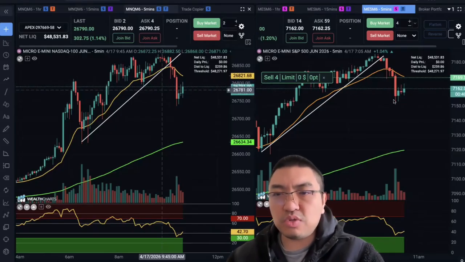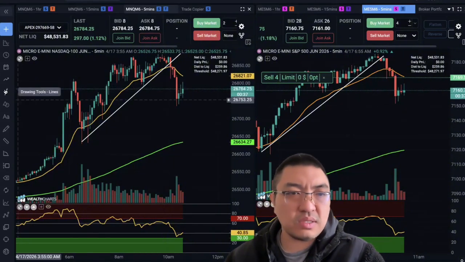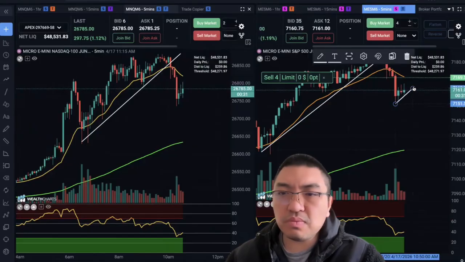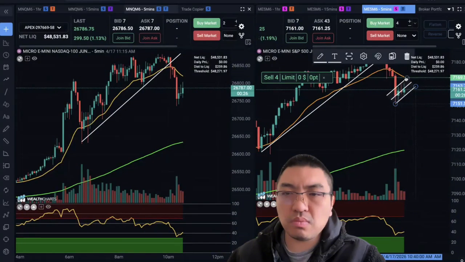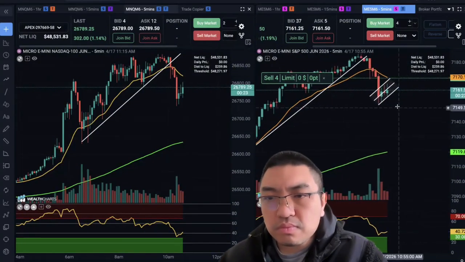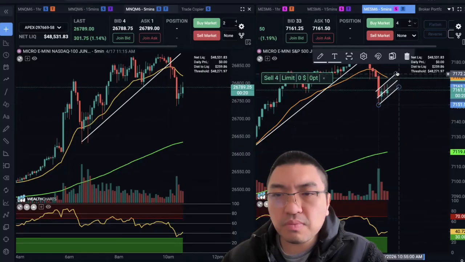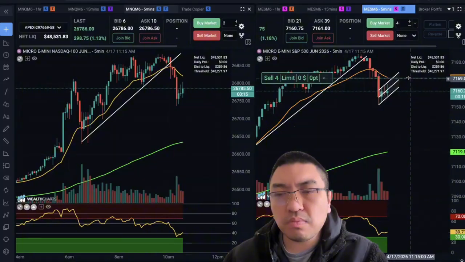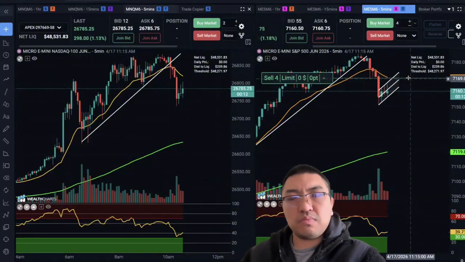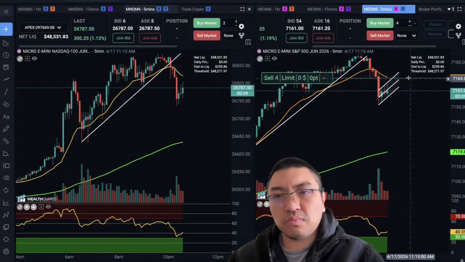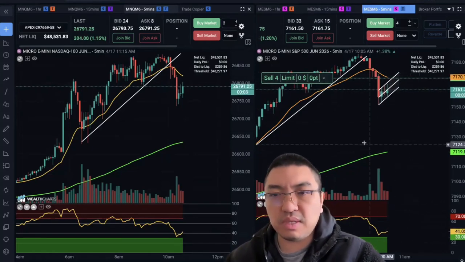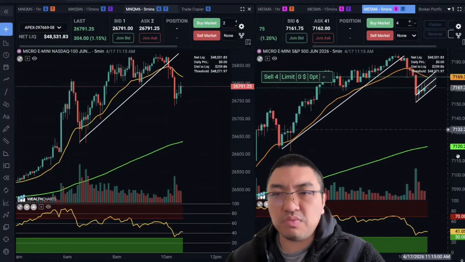But if there is a bearish sideways move around here, then it's another story. Trend channel. We'll see. Maybe it's a bearish flag and will continue the downward move. In that case, this is going to be a reversal.